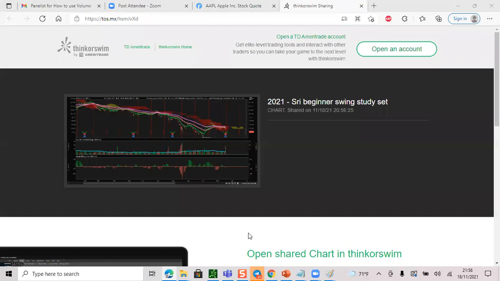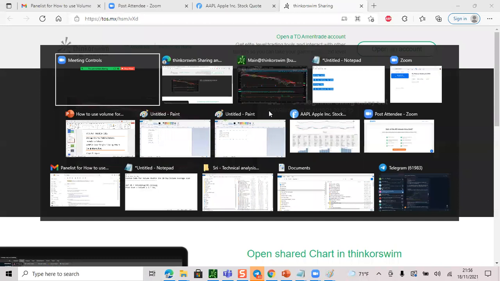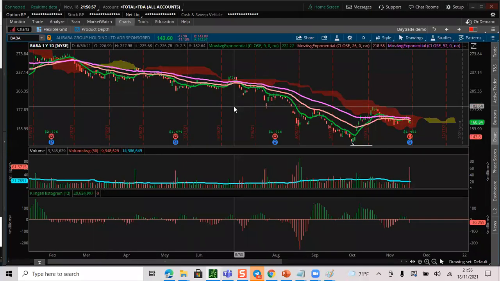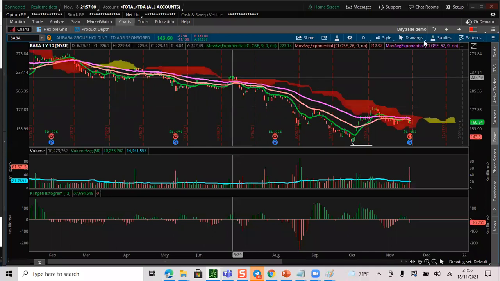Yeah, sure, I will share it. No, you cannot import it in E-Trade, but you can try to mimic it. I can just write down everything, the same study set, so that you can just follow.